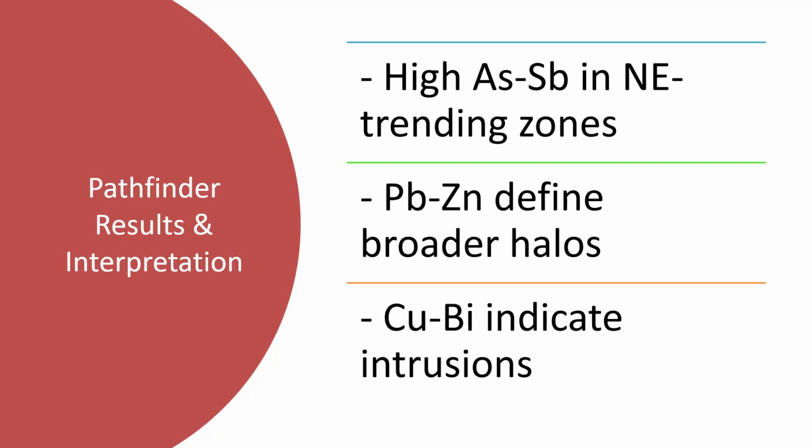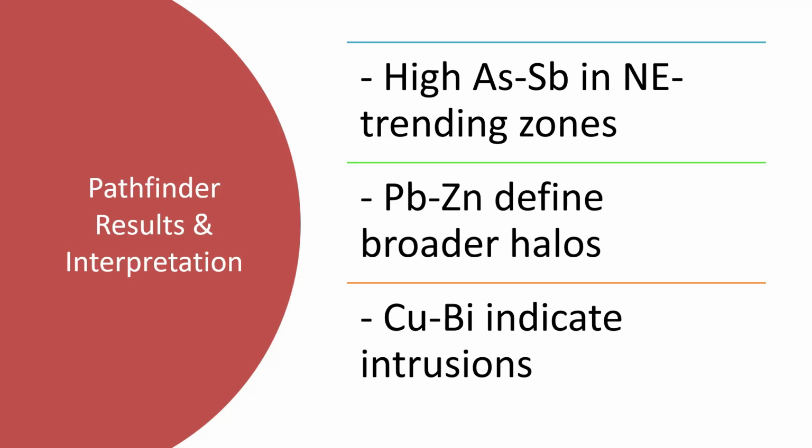If you see these associations, they need to make sense. Having a concentration of an element in one location alone doesn't give you a target, but these classes of association or pathfinders have suites. Lead-zinc is a suite. Copper-bismuth is a suite. Arsenic-antimony is a suite. If these suites can be married together, do you understand, and they are coinciding at a particular location, that can form a target for you.